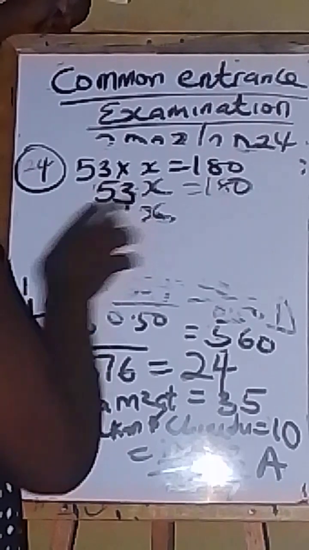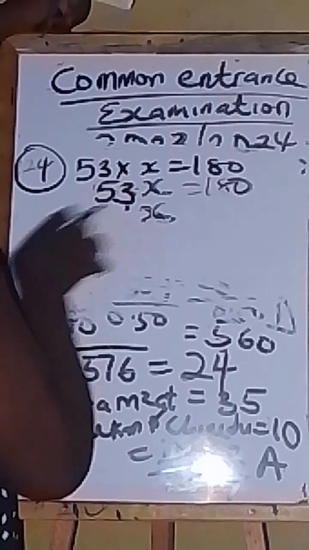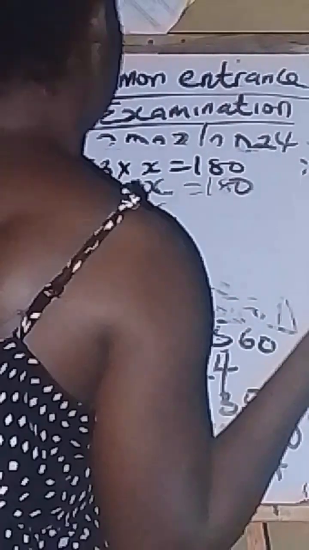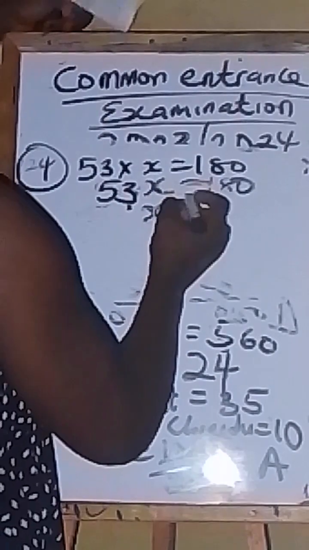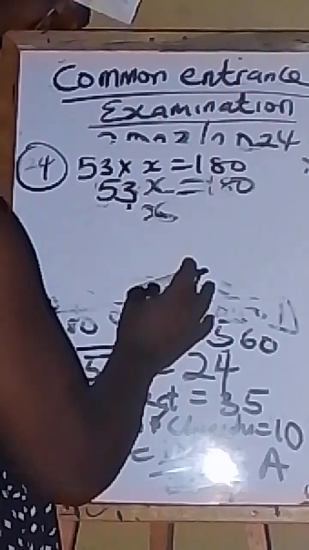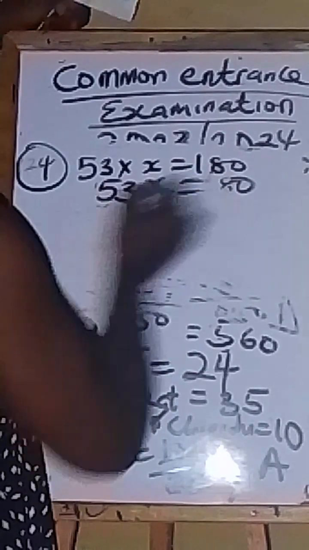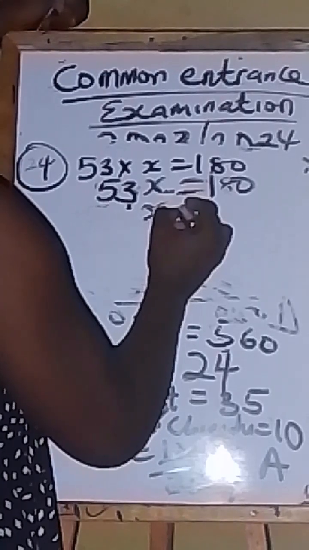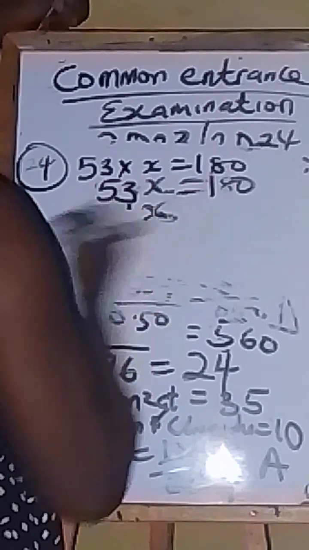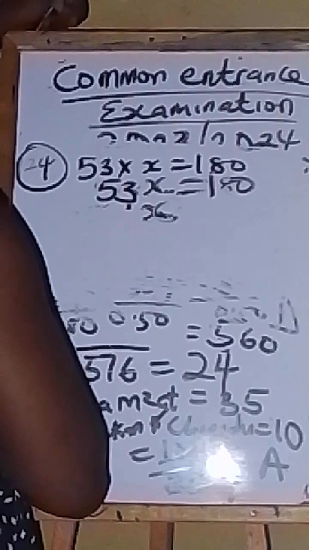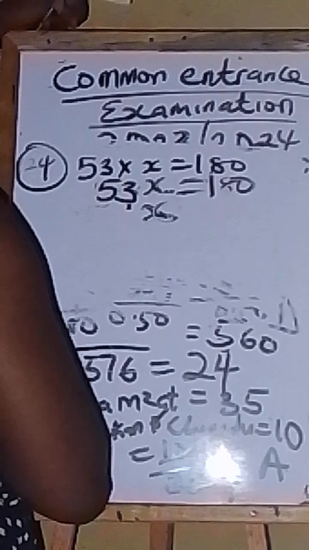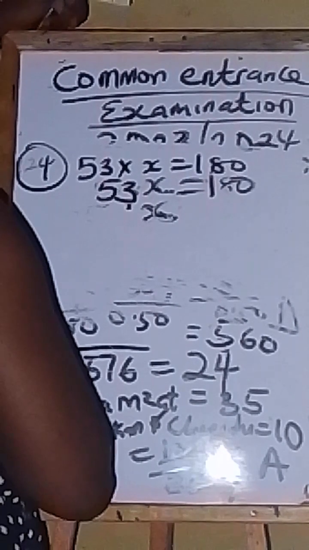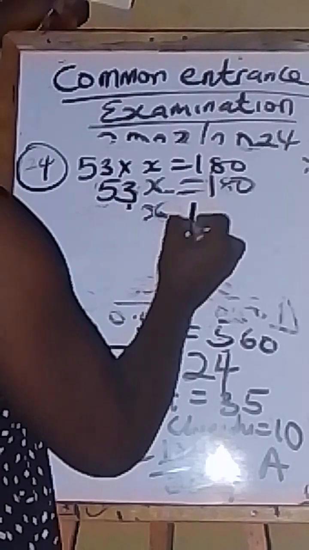So that's why we decided to write it this way: 53 of means multiplication, and this equals 180. So what is the total number of pupils in the school?